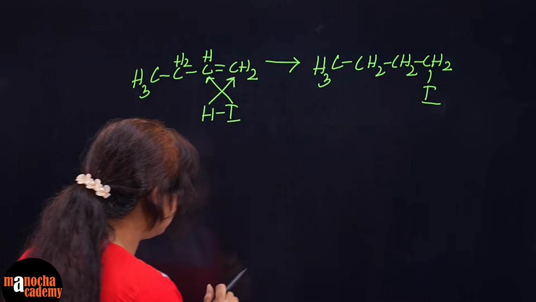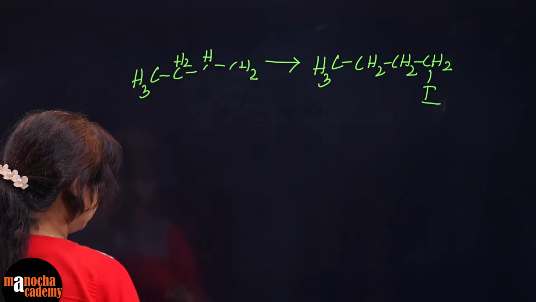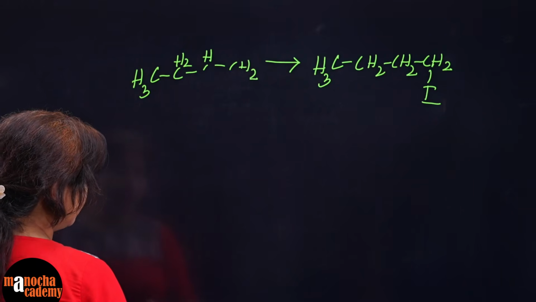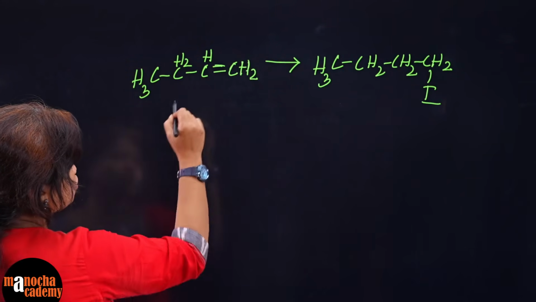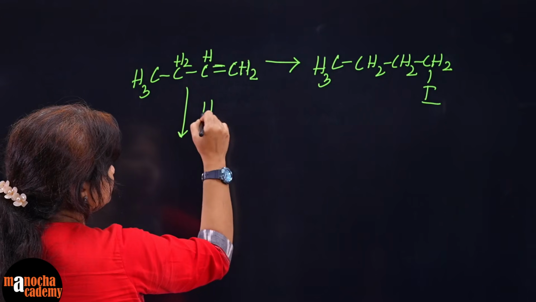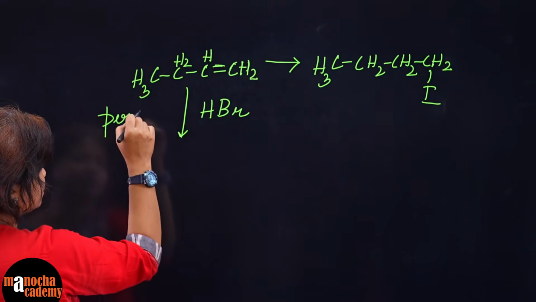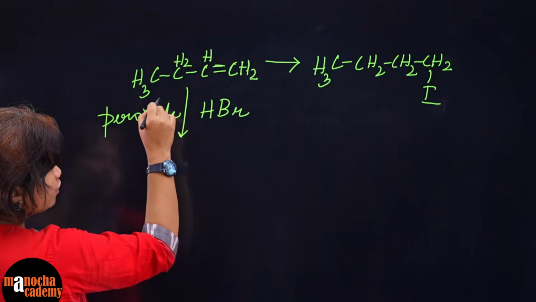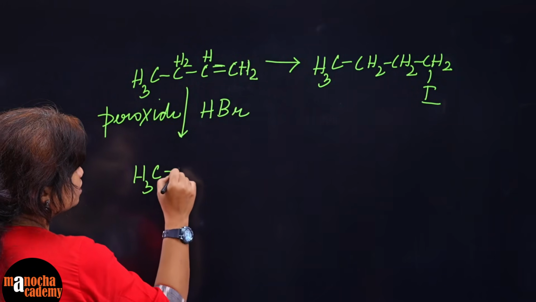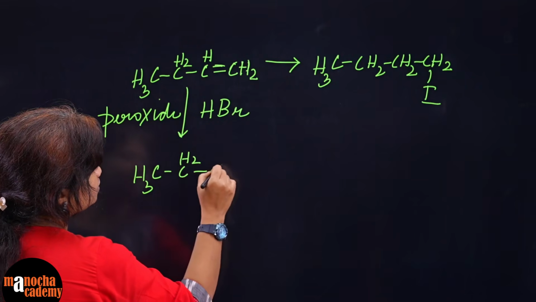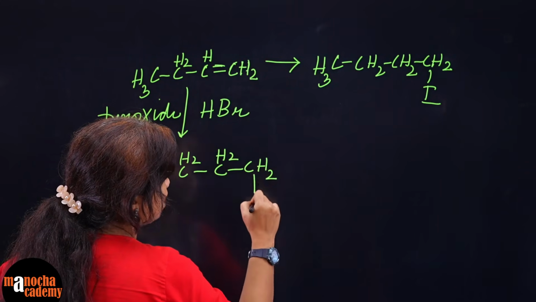So what we need to do is, since anti-Markovnikov's rule is followed for HBr, first we add HBr in the presence of an organic peroxide. I write here peroxide. So the anti-Markovnikov product, accordingly I write here CH3CH2CH2CH2Br.